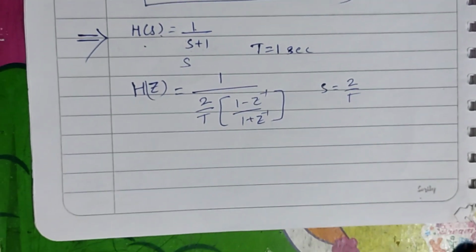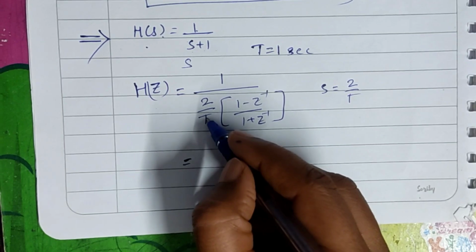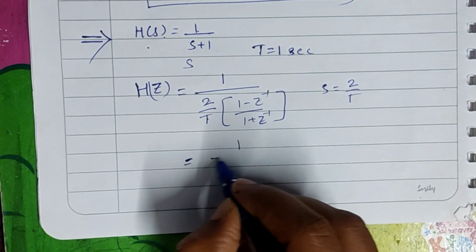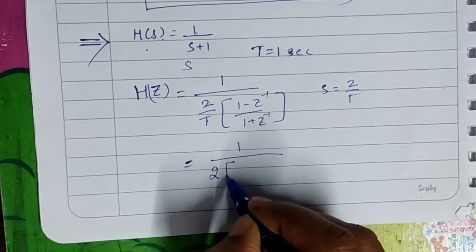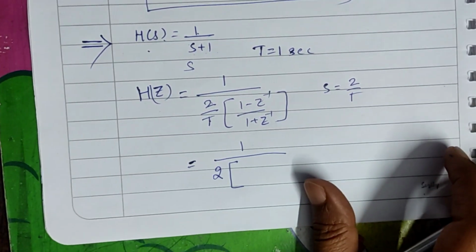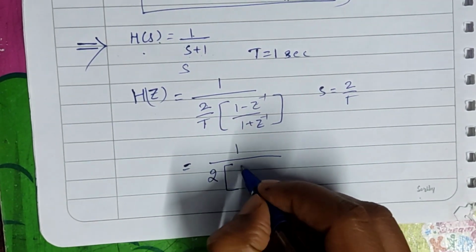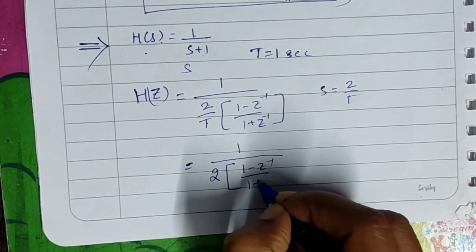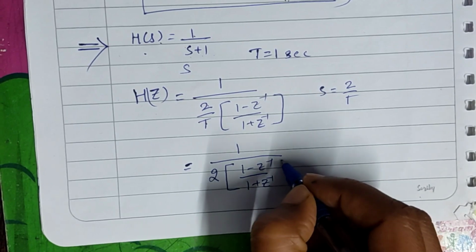H of S is 1 divided by S plus 1. Now in the place of S we substitute 2 by T into 1 minus Z raised to minus 1 divided by 1 plus Z raised to minus 1. Now we will simplify this. T is 1 second, so this is 1 divided by 2 into 1 minus Z raised to minus 1 divided by 1 plus Z raised to minus 1.